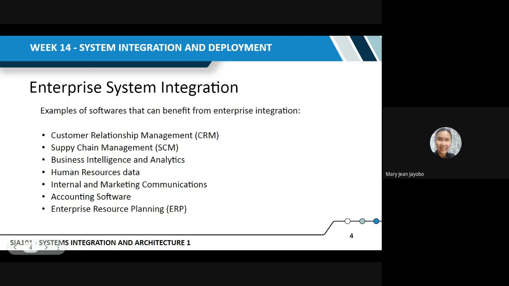Most large companies use at least several kinds of software and data systems that can benefit from enterprise system integration. So at least may idea na tayo sa enterprise system integration. Now, what are those software or systems that are normally used by the enterprise? Okay?